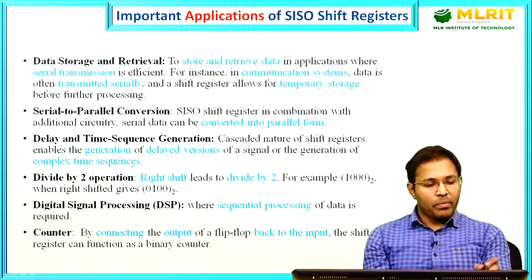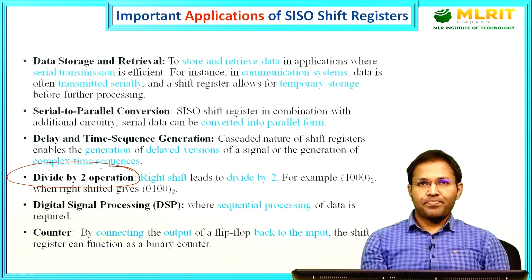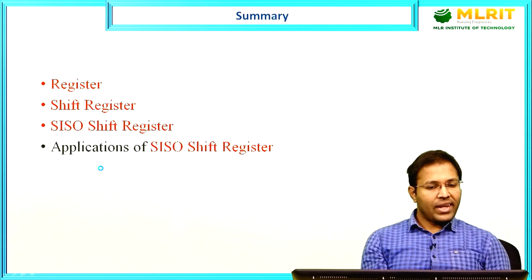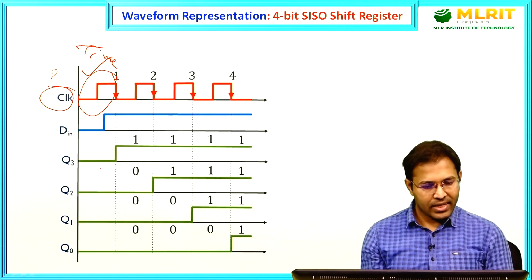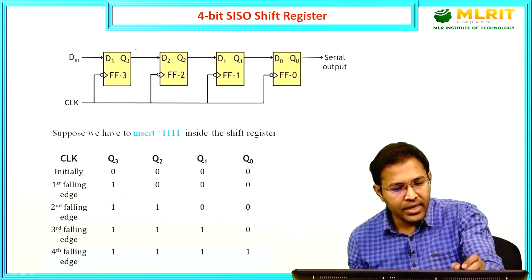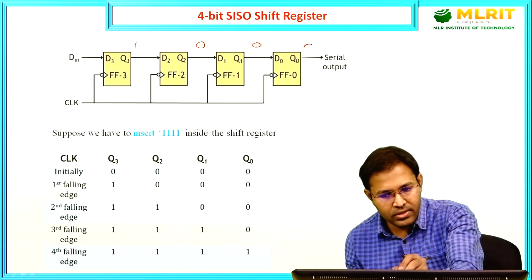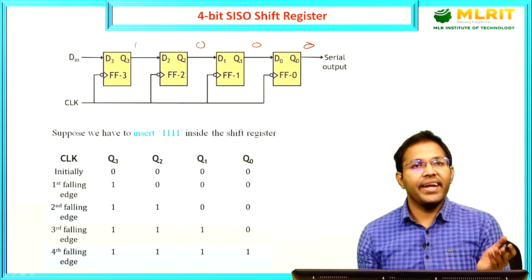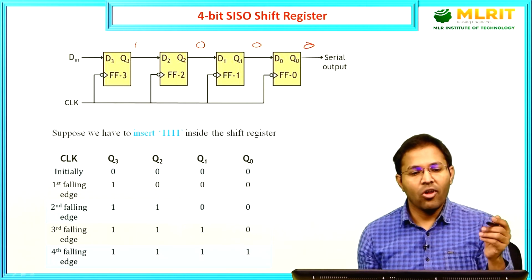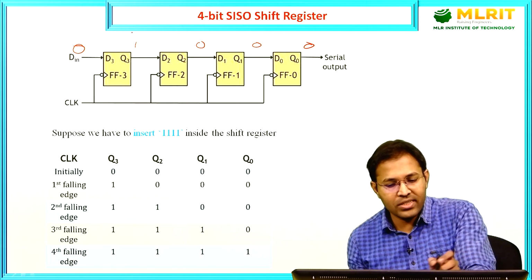Another important application is divide by 2. We have seen that you can store data into the shift register. For example, let us say that we have stored here the output 1, 0, 0, 0. Now if you give a clock pulse with input 0 here, then what is the situation?